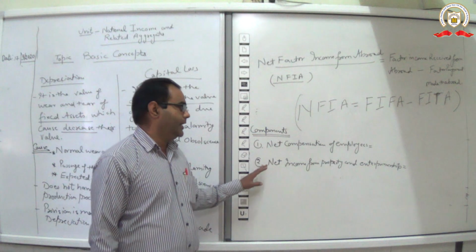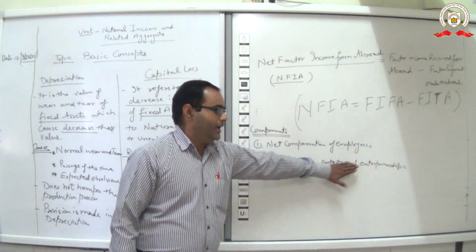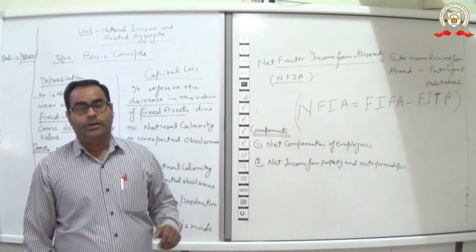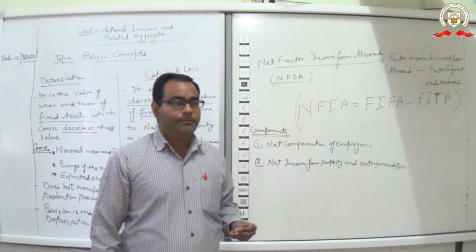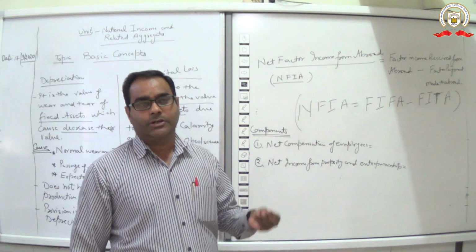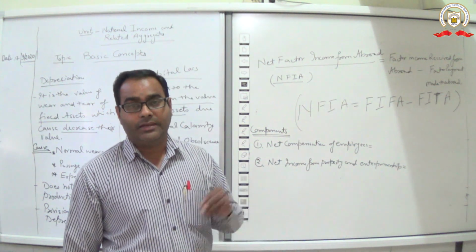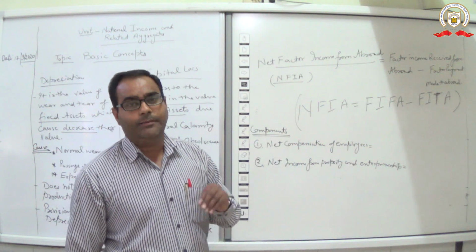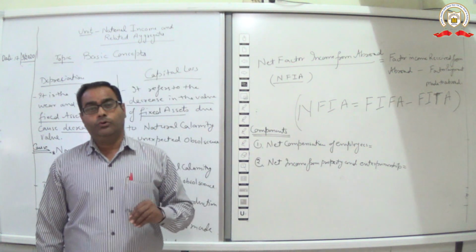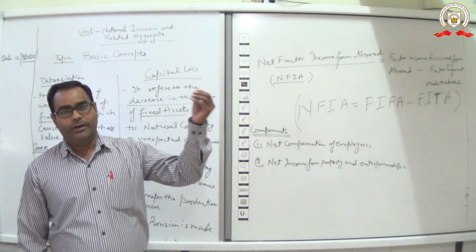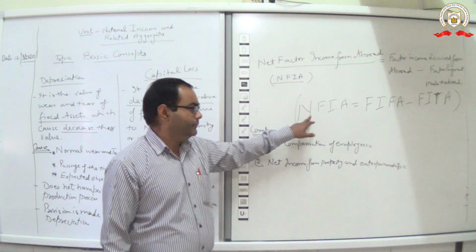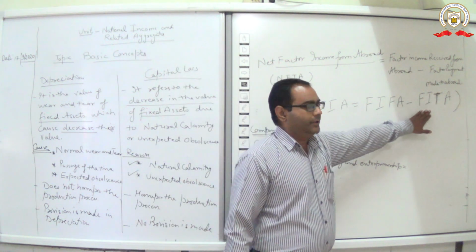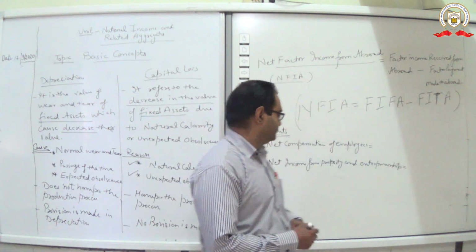It comes under the heading of income from property and entrepreneurship. So basically, what does it include? It includes the income by way of rent, interest, royalty, profit received by an Indian resident from abroad and the similar payment made to non-Indian residents living abroad. The term comes under the heading of factor income from abroad and factor income to abroad.